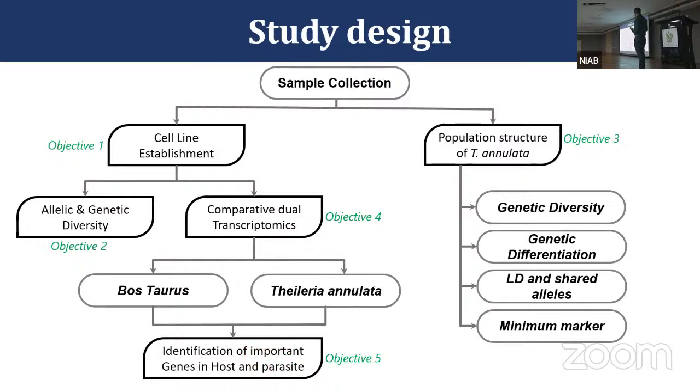Now we'll also assess the diversity of this parasite cell line. And we have also done population genetics of Theileria annulata. We have understood the population structure, where we assess the diversity, genetic differentiation, linkage disequilibrium, and other parameters.